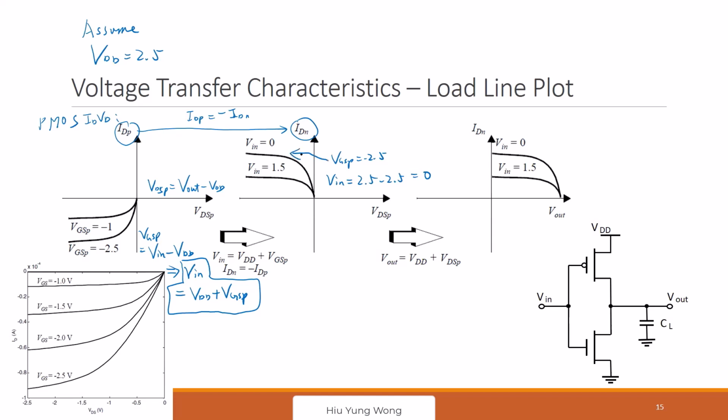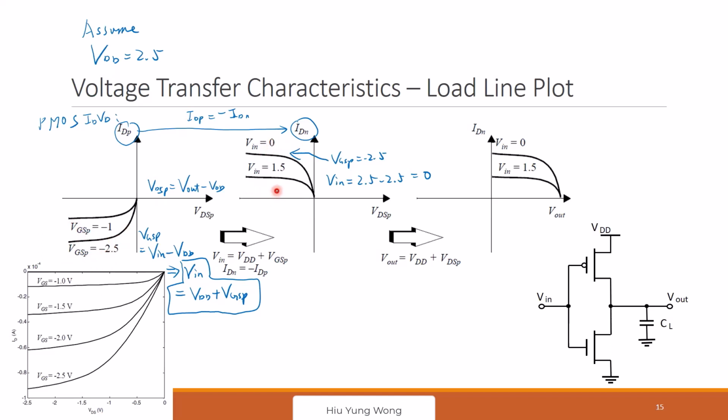It should be here. So indeed, when your VGS is negative 2.5, which is true, it means that your Vin is 0. That's why Vin minus VDD equals negative 2.5. So you just flip the figure, just a mirror image.